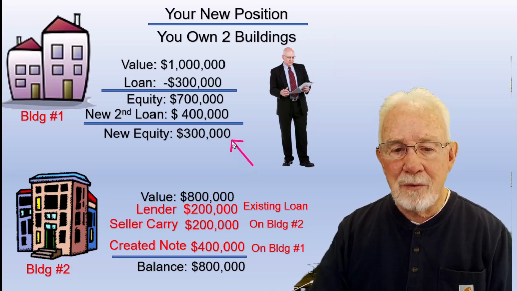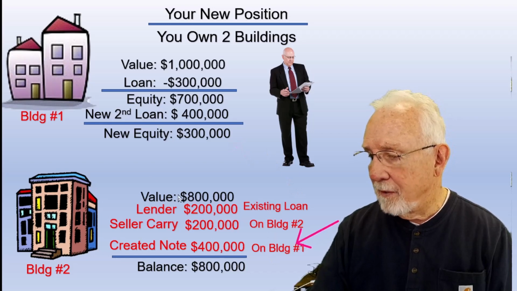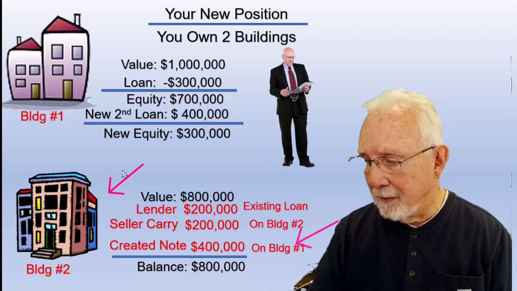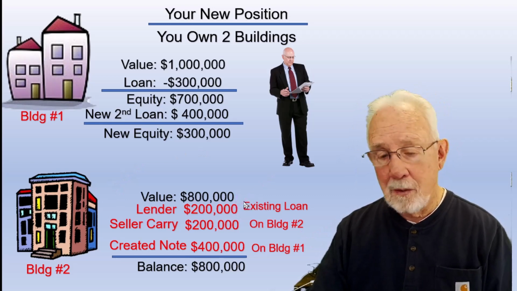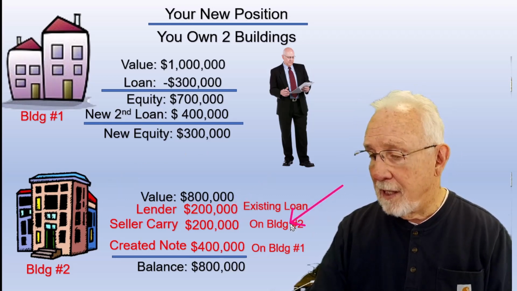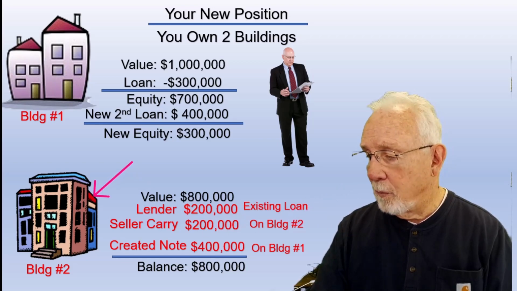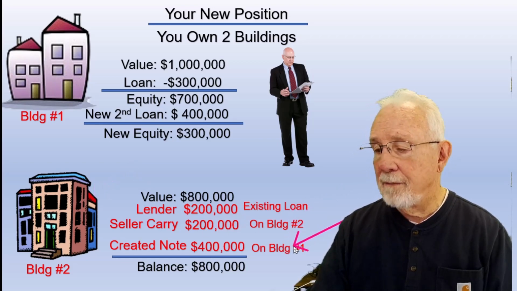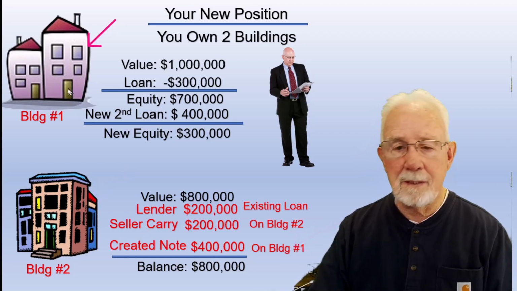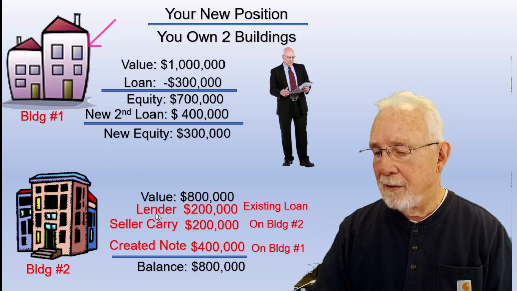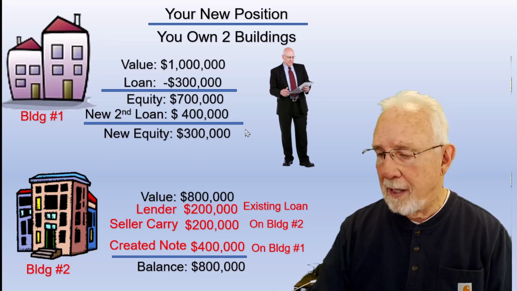So now you have $300,000 equity in this building, and you have $400,000 equity in this building. In this building, we've taken subject to the existing loan. We've asked the seller to carry back $200,000 on his building, and we have given the seller a $400,000 created note that's on this building. And so now you can see that it balances, and we have moved our equity around.